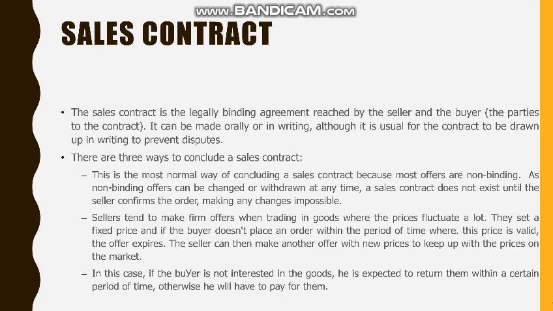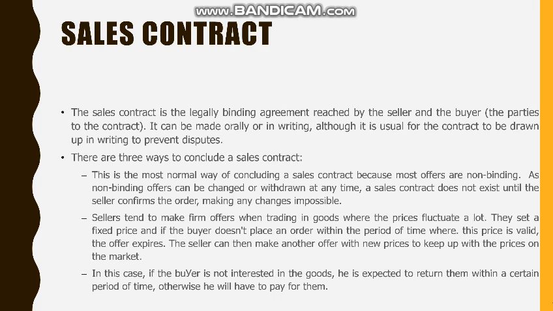Sellers tend to make firm offers when trading in goods where the prices fluctuate a lot. They set a fixed price, and if the buyer doesn't place an order within the period of time where this price is valid, the offer expires.